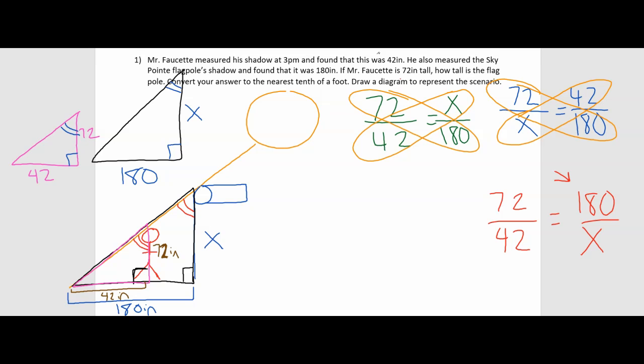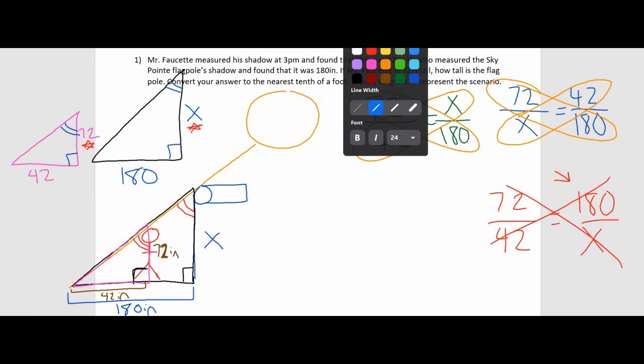Because 72 and X are corresponding sides. So those would both have to be in the numerator or both be in the denominator if you're setting it up this way. However, we put the X in the denominator or the 180 in the numerator, which makes this an incorrect way of setting it up.